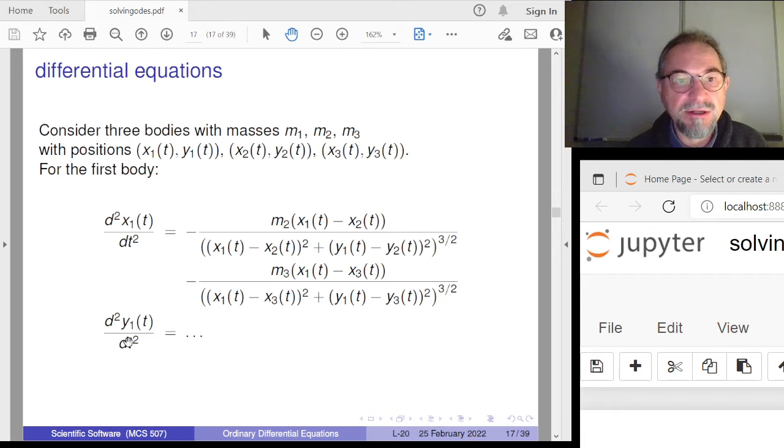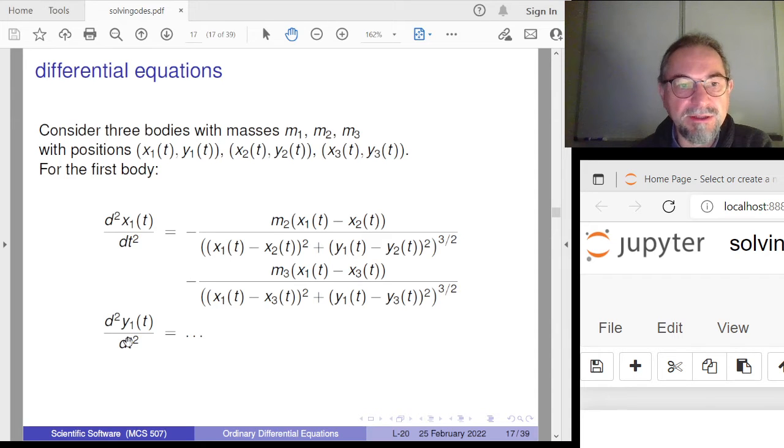So the bodies are attracting, so they have their own gravitational forces that are acting upon each other. There's also a second order derivative, a second order differential equation.